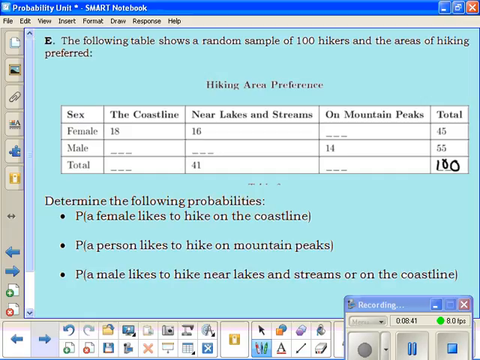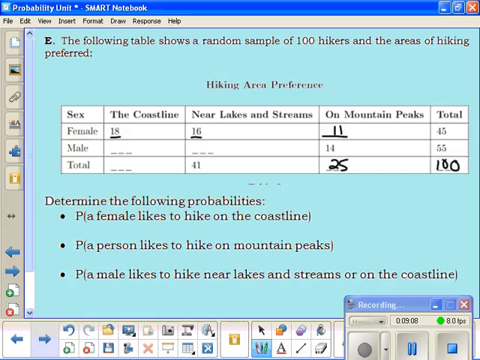Well, I should be able to fill in, because I have 18 and 16, like hiking on Mountain Peak, because the total is 45. 18 and 16 is 34. 45 minus 34 is 11, so I can fill in that one.